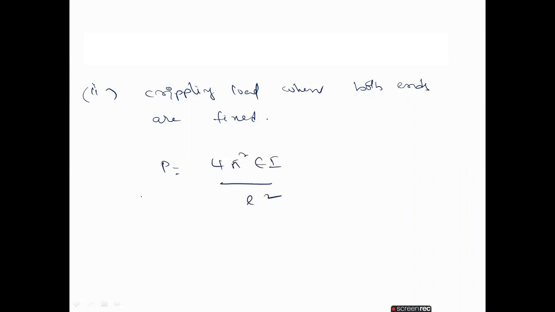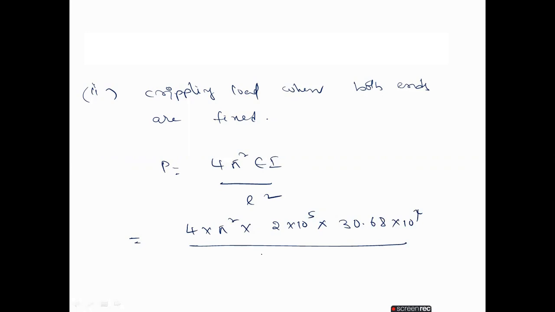So substitute the values in this formula: 4 into pi square, E is 2 into 10 to the power of 5, and I is 30.68 into 10 to the power of 4, by L, which is 3 meters, that is 3000 mm square. Now we will get the answer 269.152 kilonewton. So we have to calculate the crippling load like this.